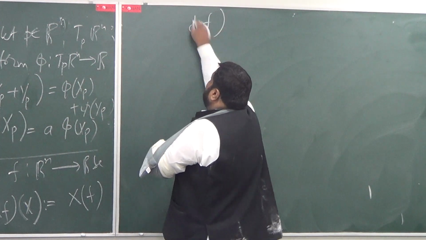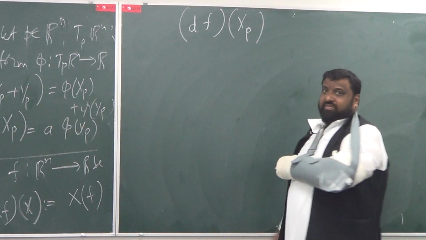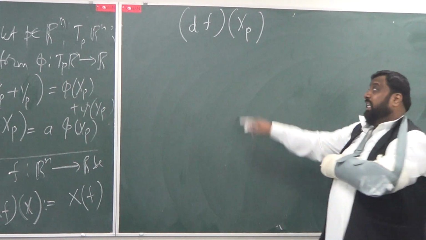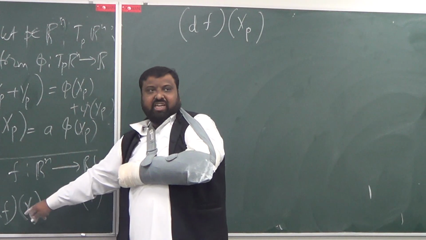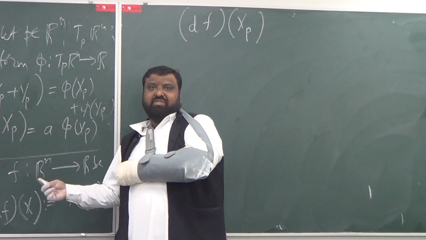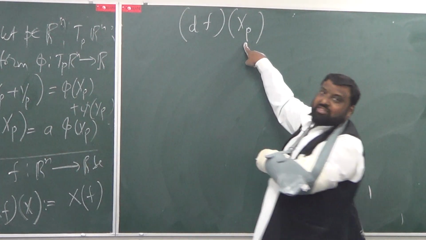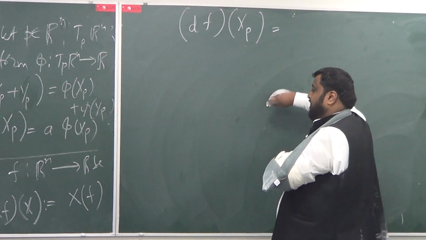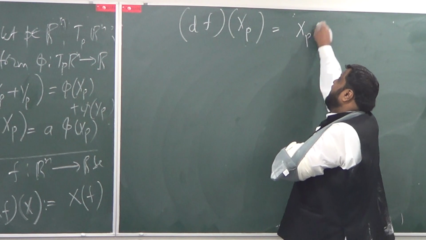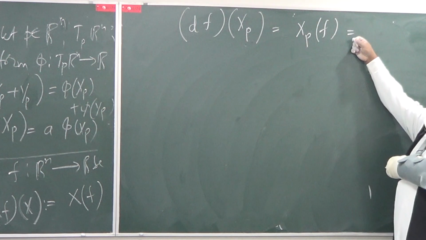So the differential, and I'm applying it on maybe some Xp, some tangent vector. Xp is the value of the vector field at a point P. This is just going to give me a tangent vector. So it should give you Xp operated onto f, which is the directional derivative.